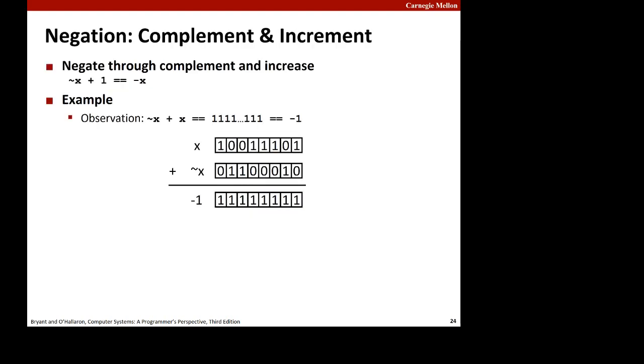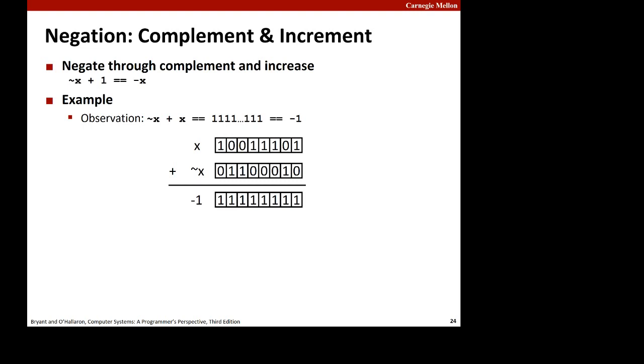So just a few other tricks of the trade. One is, when I took a course in logic design many years ago, I learned this trick for computing the negation of a number in 2's complement form that they call complement plus increment.